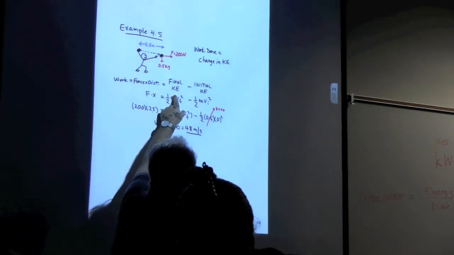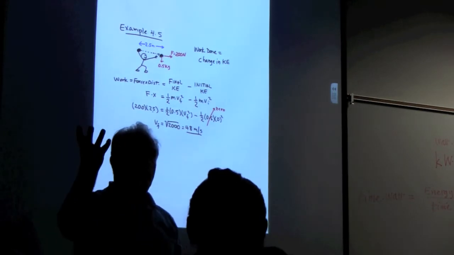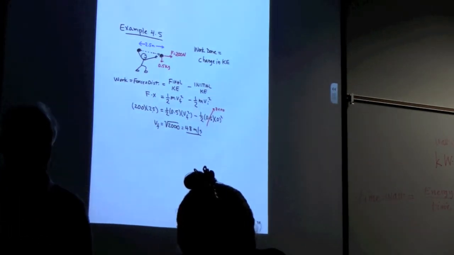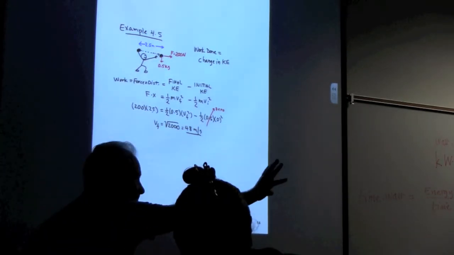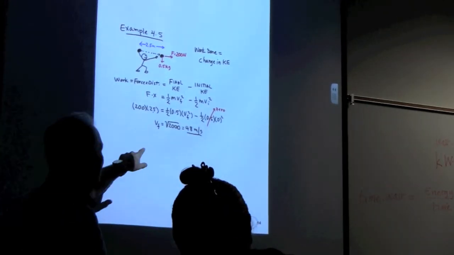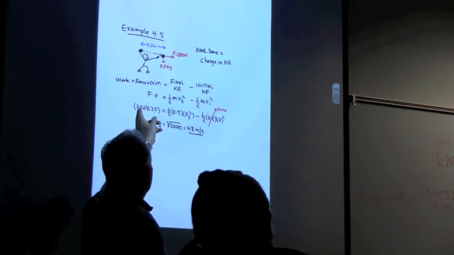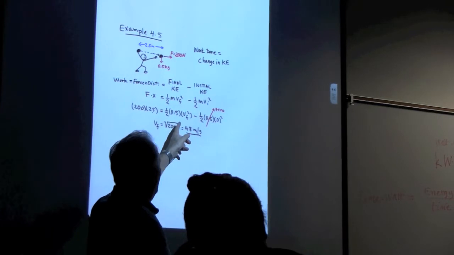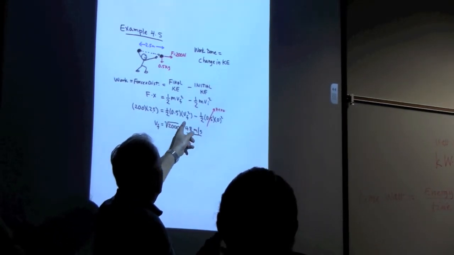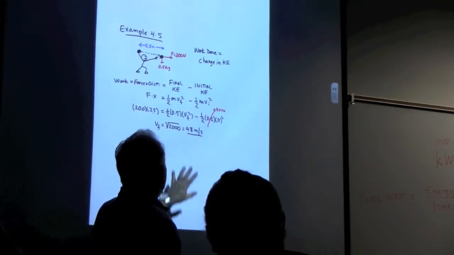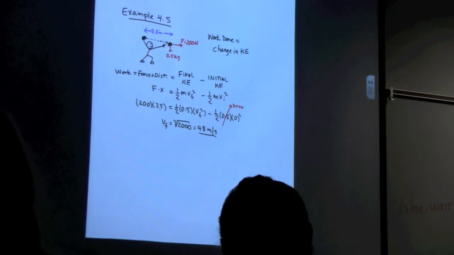What's your final kinetic energy minus what is your starting? Well, your starting kinetic energy is 0. The ball's in his hand. It's not moving at all. But then he gives it that motion when he moves through. And so your final kinetic energy is the only term that you have over here. So you know how much work was done, and all that work goes into the kinetic energy of the ball, 1/2 mass times the speed squared. So you can look that over and see how that works out.